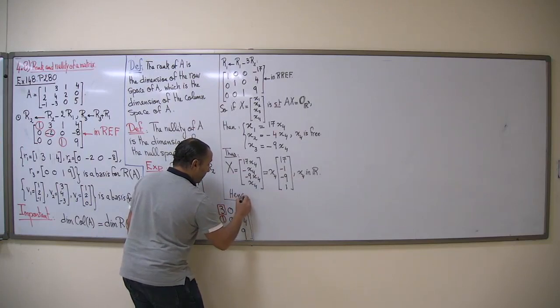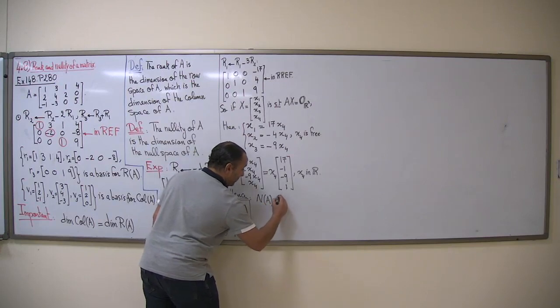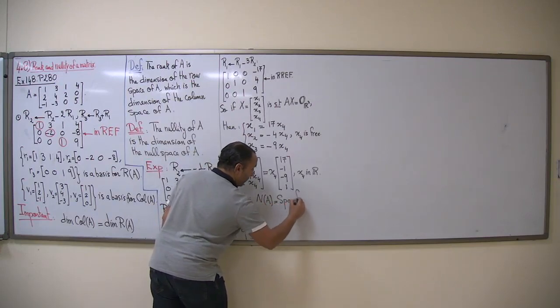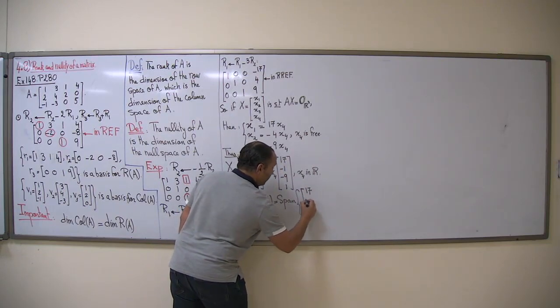That tells me that the null space is spanned by only one vector. The null space of A is the span of the vector 17, minus 1, minus 9, and 1.